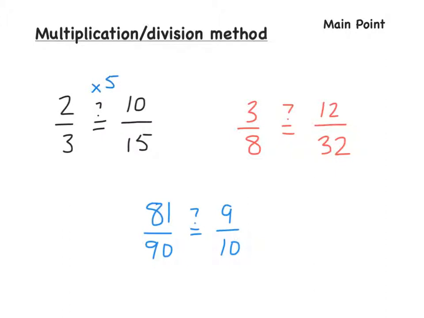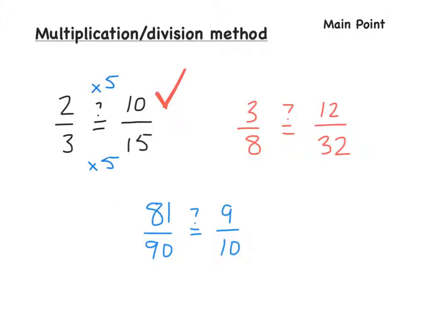So you would multiply 2 times 5 to get to 10. Now, how many times does 3 go into 15? That also goes into it 5 times. So if you multiply it times 5 and you multiply it times 5, this basically means you're creating equivalent fractions. But this also means that these two are proportionate. So these are proportionate.